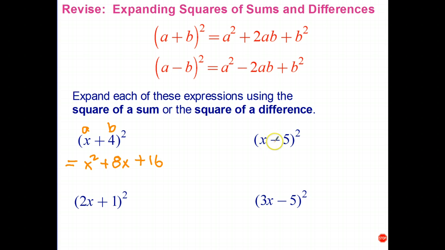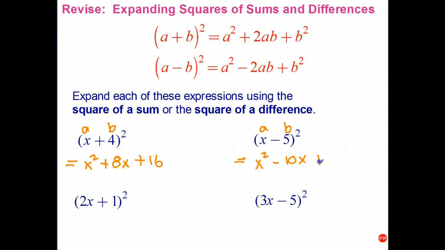Okay, let's try one with a subtract. So we've got X take 5 all squared. Once again, that's A, that's B. When we expand it, the first term is A squared, or in this case, X squared. The middle term is minus 2 times X times 5. 2 times X is 2X, 2X times 5 is 10X, so minus 10X.